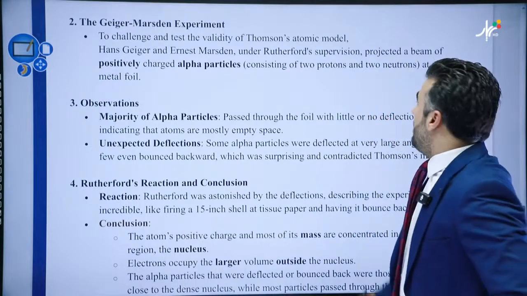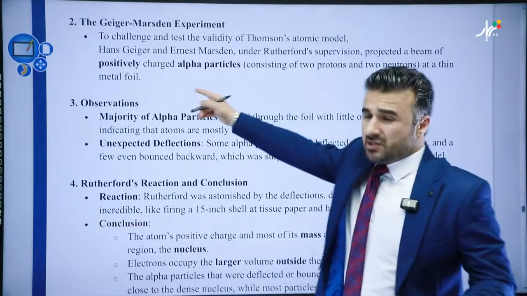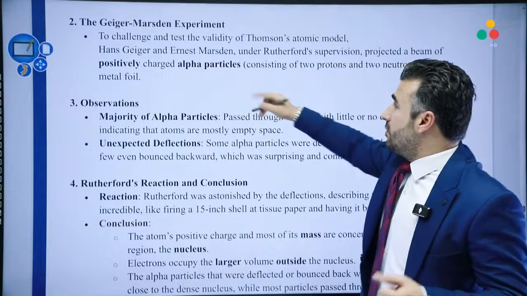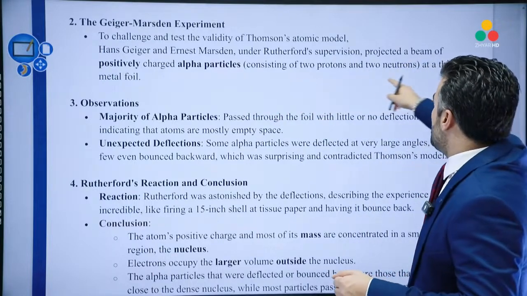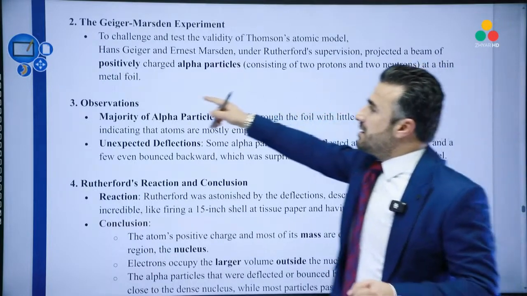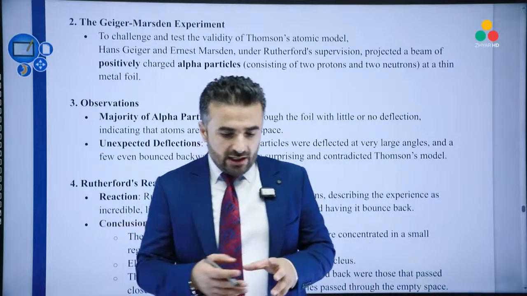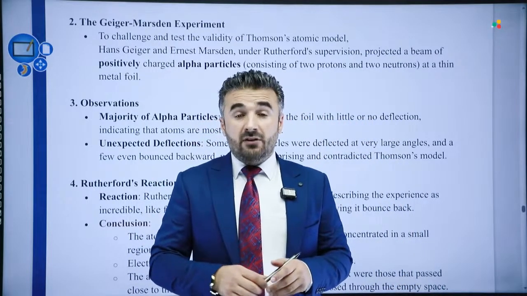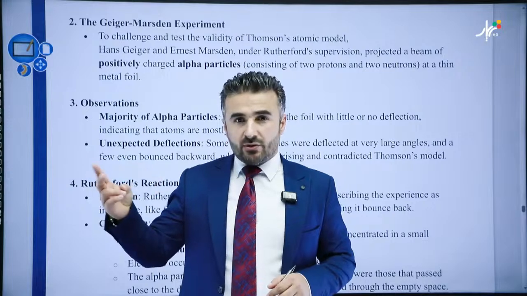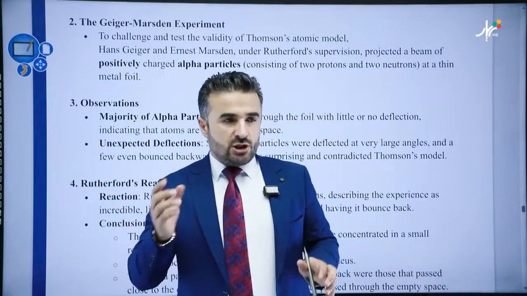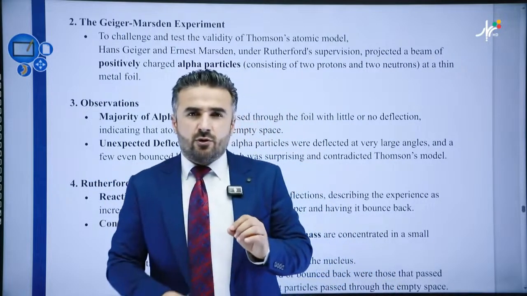So what did they do? They projected positively charged alpha particles, consisting of 2 protons and 2 neutrons, at a thin piece of gold foil.